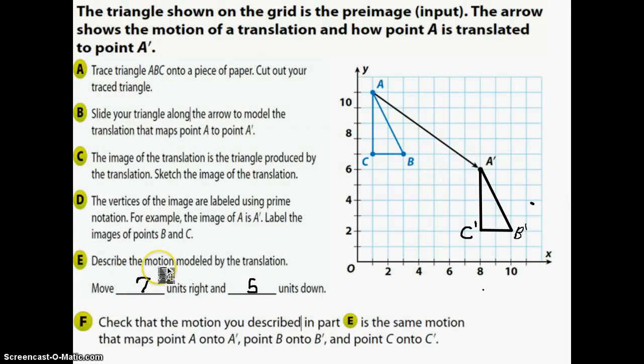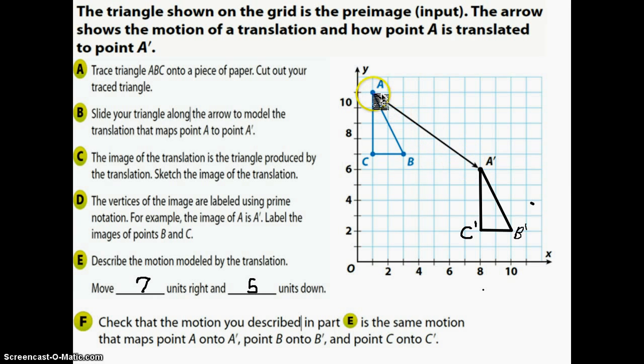So what they did for us is they gave us this particular triangle, and the preimage was A, B, C. So we can say that this is triangle ABC. And what they are trying to do here is they want us to understand what happens if we move it along this particular line.